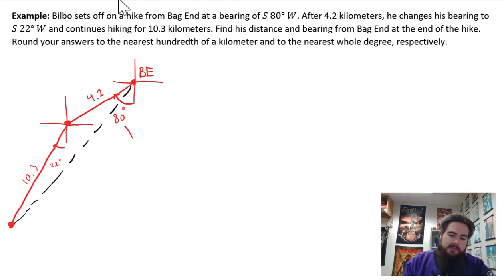For example, this bearing that was from south 80 degrees west to hit this line that is 4.2 length. Note that that means that I have an angle measure from basically a vertical line to this diagonal line. I know that that space, or that angle measure between those two lines, is 80 degrees.